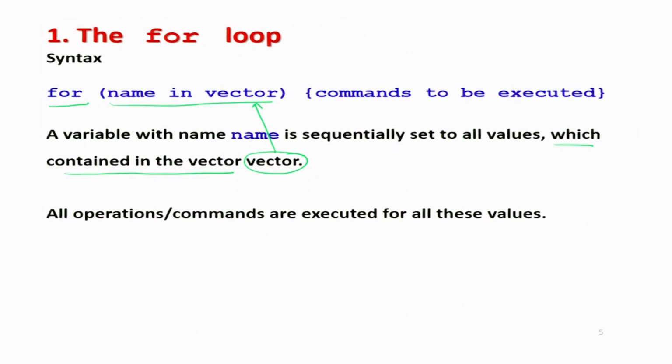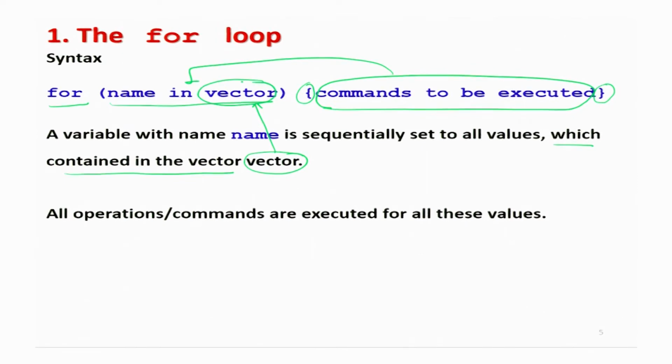That is going to control the values in this vector, and after that whatever commands we want to execute are going to be mentioned just after that inside the curly brackets, and then the loop will start. These commands are going to be executed for all the values given for the counter variable, whose information to repeat is stored in the vector. So, this is how the for loop actually works.